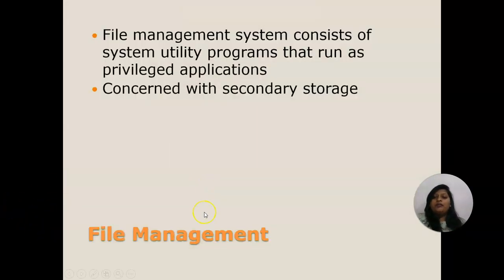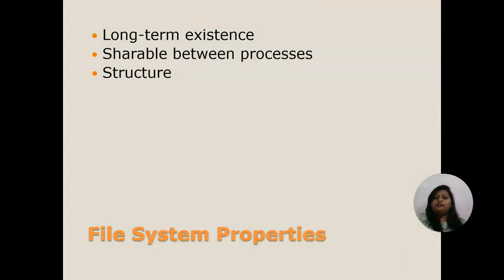See, file management system consists of system utility programs that run as privileged applications concerned with secondary storage. There are various file system properties. First one is long-term existence, second one is shareable between processes, and third one is structure.